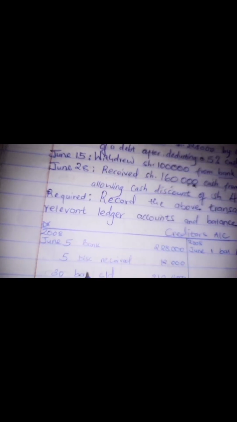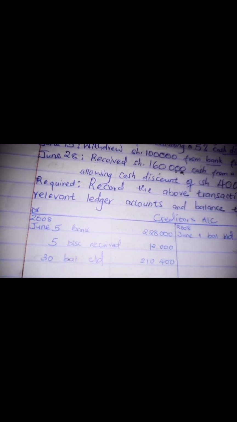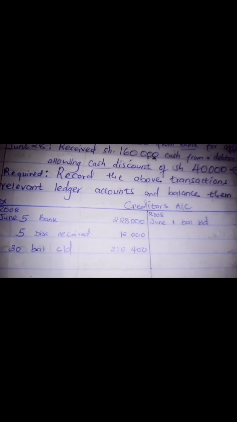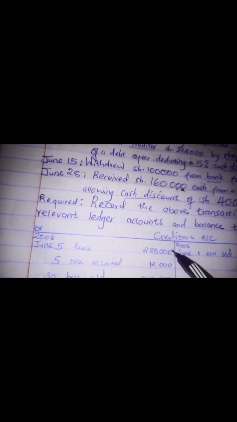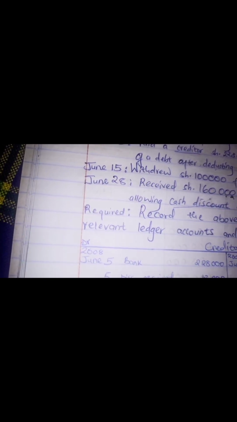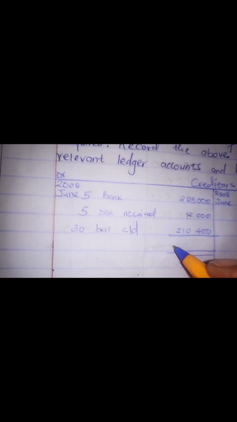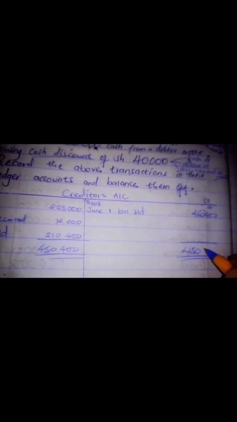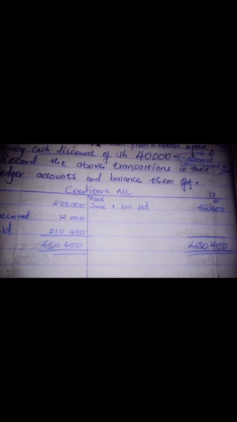So this amount, 450 minus the total of these two, gives us this balancing figure. And then if you add all this, it should give you 450,400, and that is it.